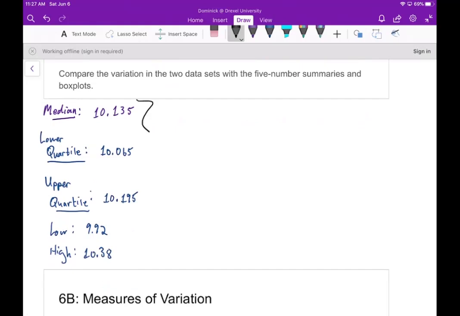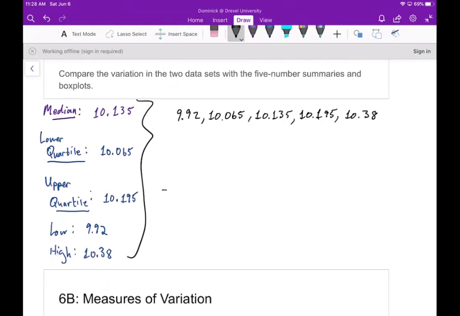Okay, so your 5-number summary would be 9.92, 10.065, 10.135, 10.195, and then 10.38.